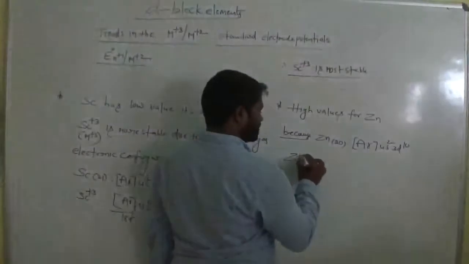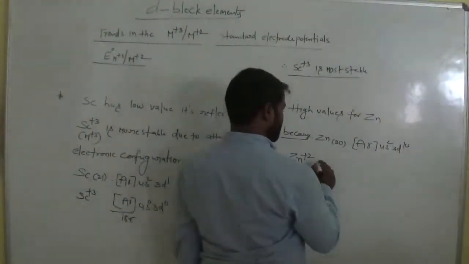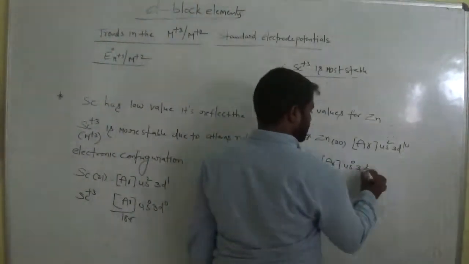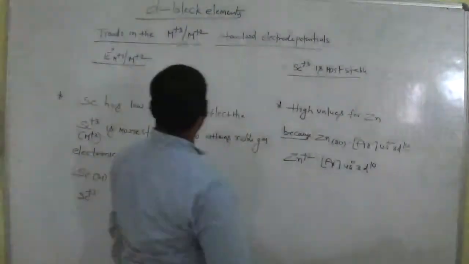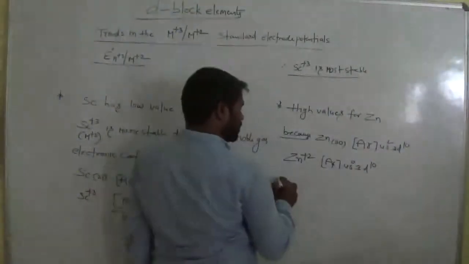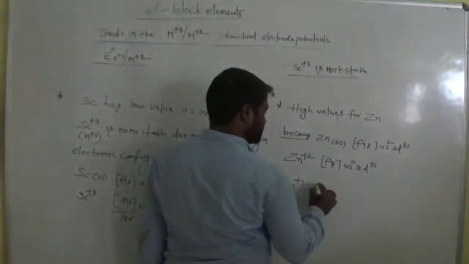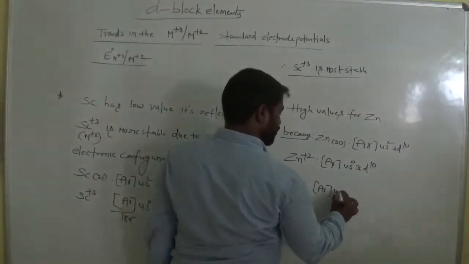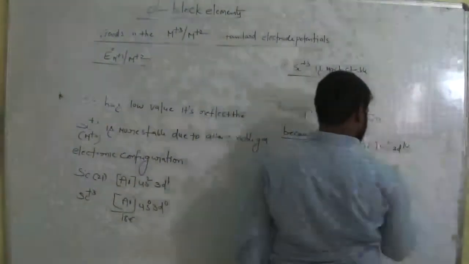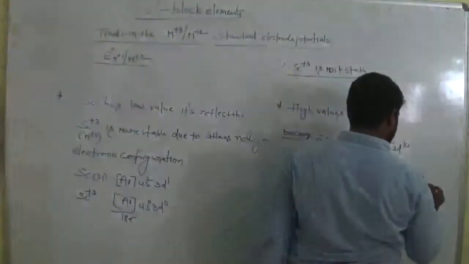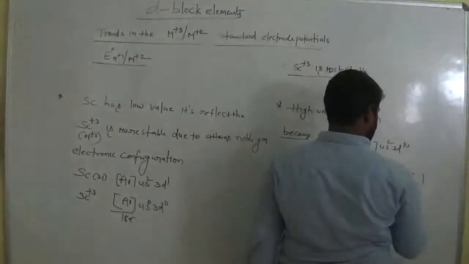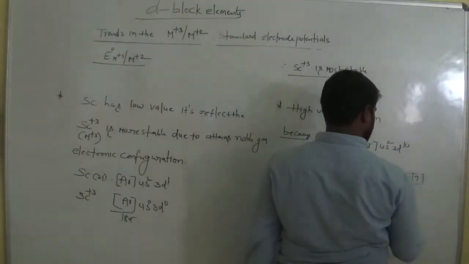So Zn+2 means that is argon 4s0 3d10. Now in this configuration, this is Zn+2. Zn+3 means remove one more electron. Zn+3 means that is argon 4s0 3d9, am I right? So here if we observe the 3d configuration, this d orbital is completely filled, am I right?